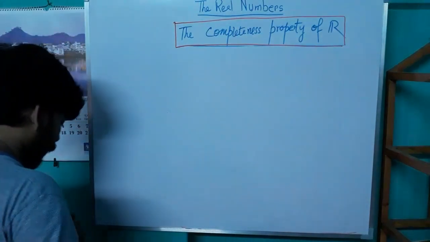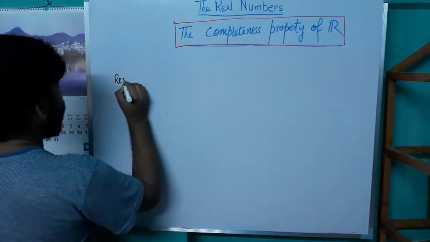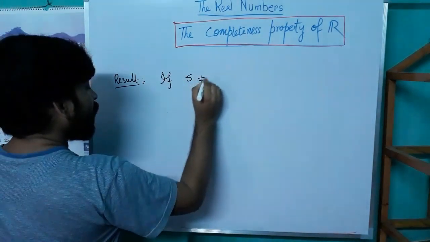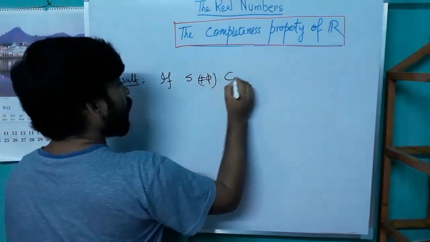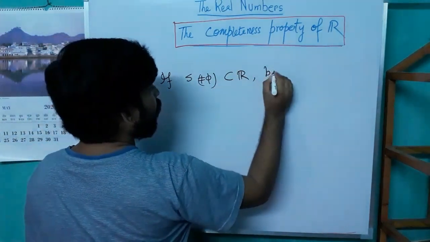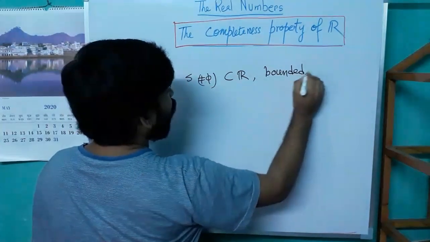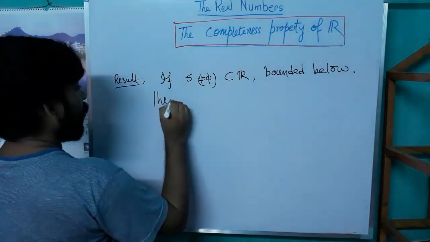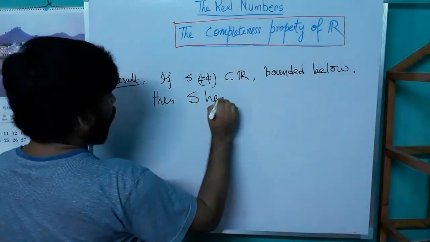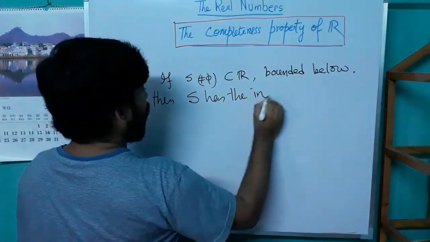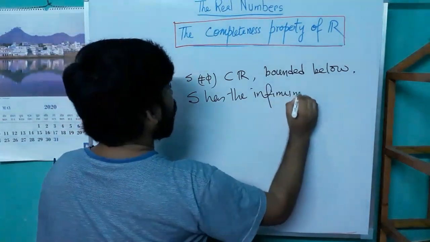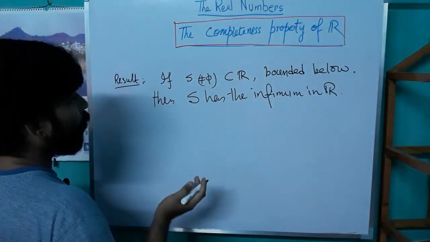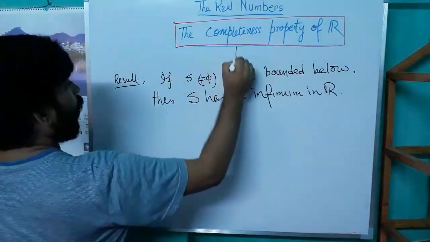That is, the result: if S is a non-empty subset of R and bounded below, then S has the infimum in R. So this property can be deduced from the completeness property of R.